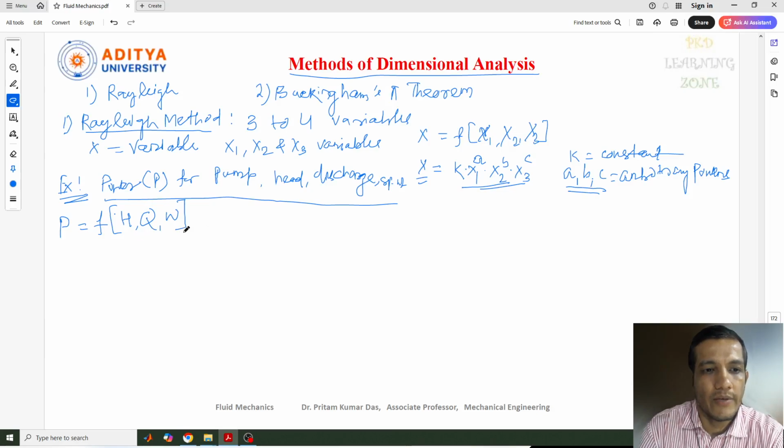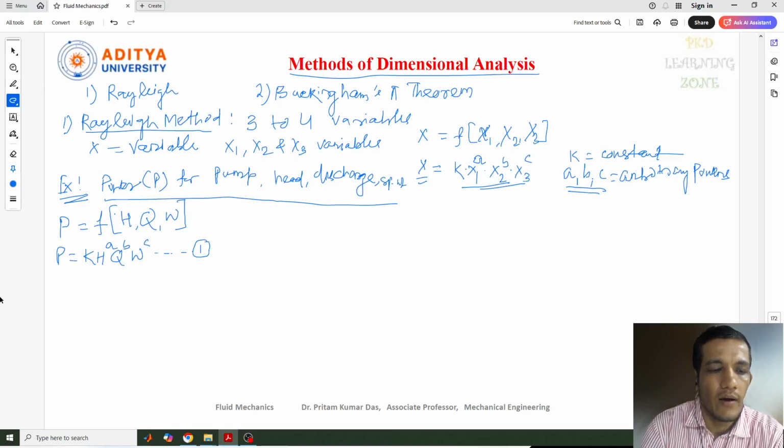Now the same equation I can write in this manner: P equal to K H to the power A, Q to the power B, and W to the power C, and make this equation 1. Here K is the non-dimensional constant. As I told you previously, K is a constant, so this is a non-dimensional constant.